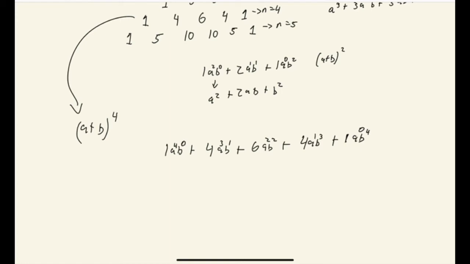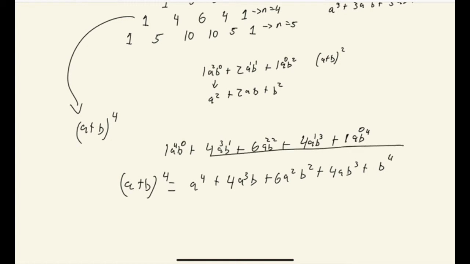And now you simplify it to know how much is A plus B to the 4th power, right? Equals A to the 4th power plus 4A cubed B plus 6A squared B squared plus 4AB cubed plus B to the 4th power. And this is the answer.